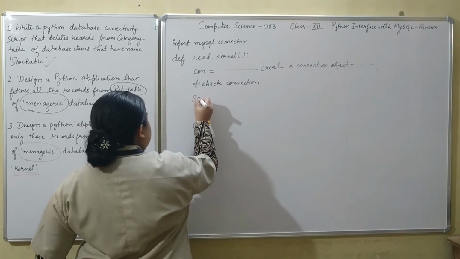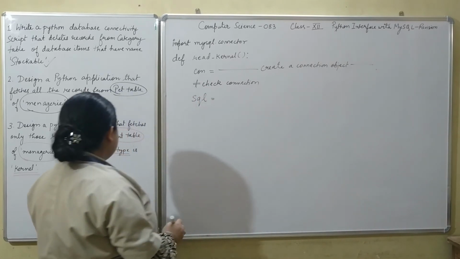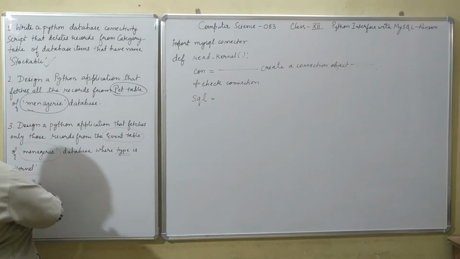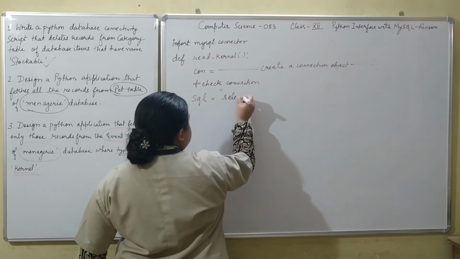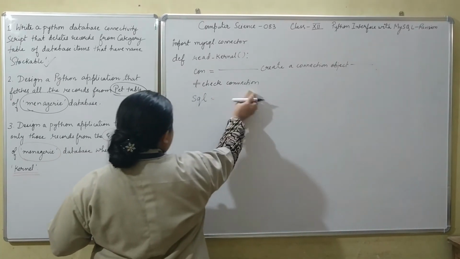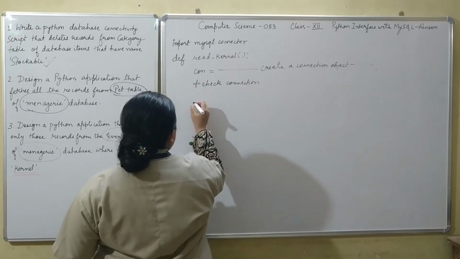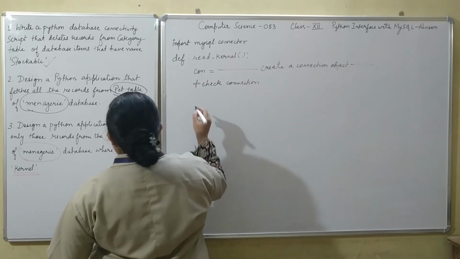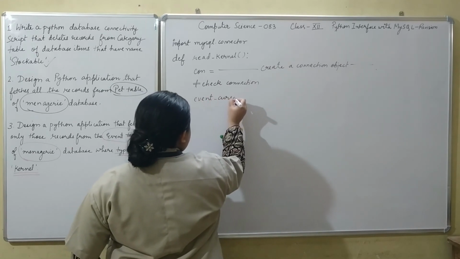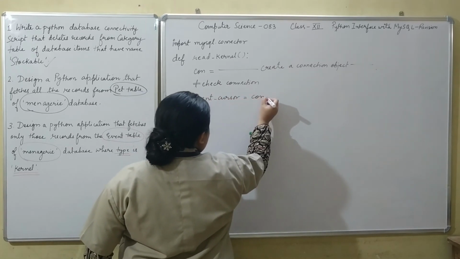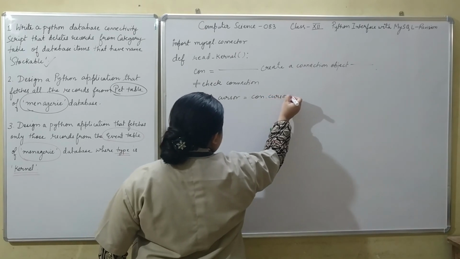So we are going to create an SQL, but now we need an argument, that is kernel. So there are multiple ways. Okay, first we'll create the cursor. So event cursor, I am naming the cursor, con.cursor.